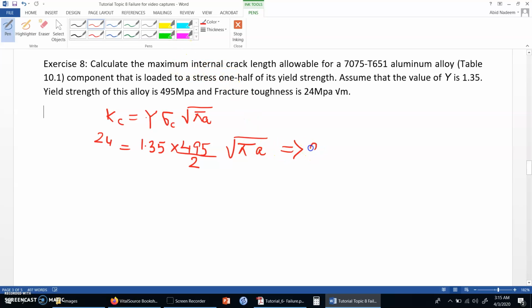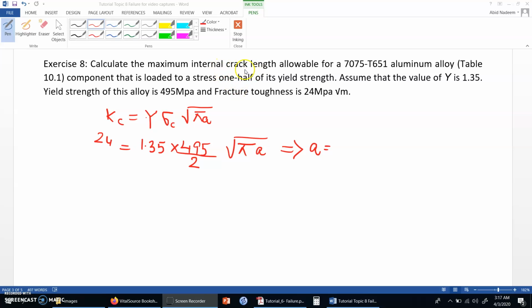So in this case, we can find the value of A. But here actually there is one thing I need to consider, is that it has been asked that the internal crack length.